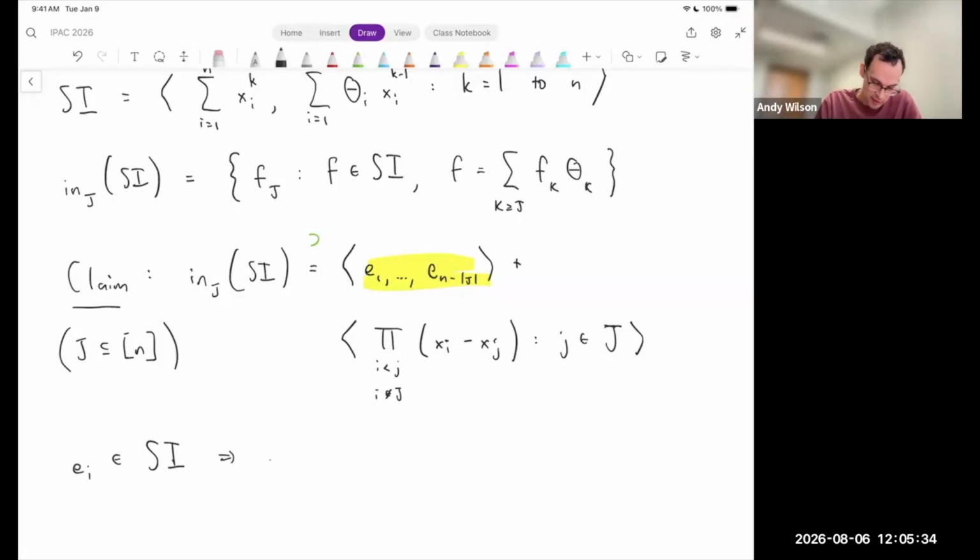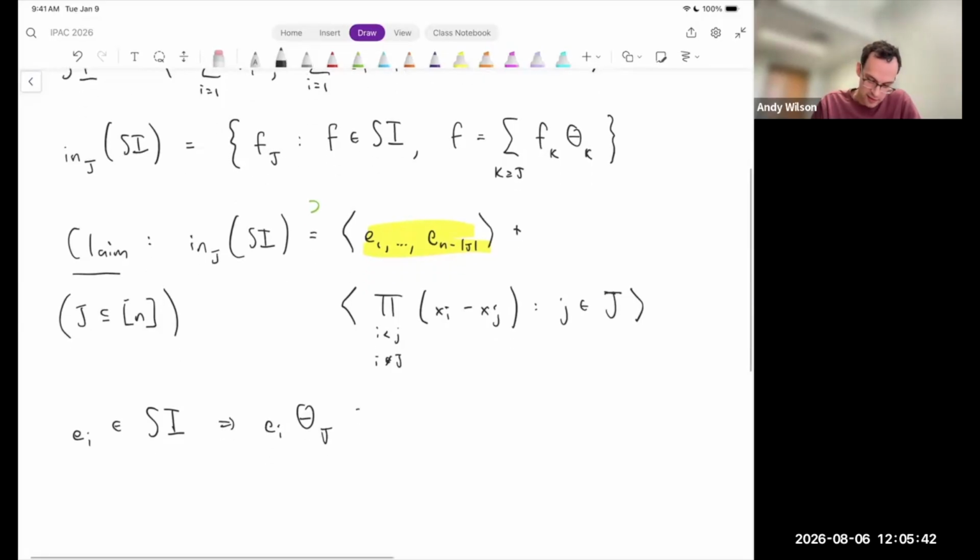And that means that if I just multiply it by a single theta_J, this is an element of SI with leading term J and leading coefficient E_i. Theta_J is the only monomial of thetas in that element, which means that E_i is in this initial ideal.